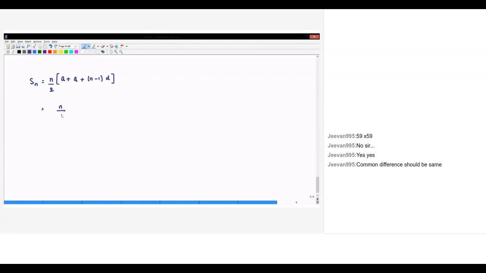So the sum of sequence formula is N by 2 into 2A plus N minus 1 into D. You can also write it as first term plus last term by 2 into number of terms. Both of them are the same.